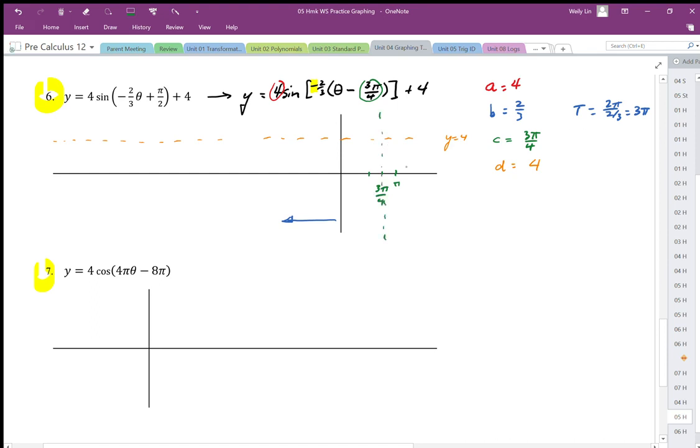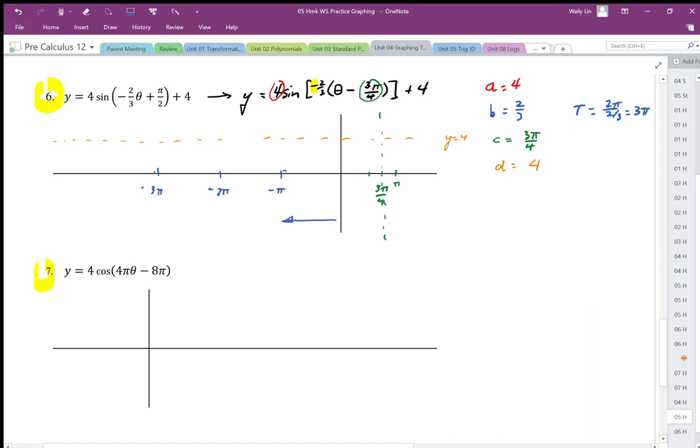So I need my period. So the period is 3 pi. So I'm going to go backwards 3 pi. So that's going to be about 1 pi about here, 2 pi, and negative 3 pi is right about here. Okay, so that's going to be negative 3 pi, negative 2 pi, negative pi.